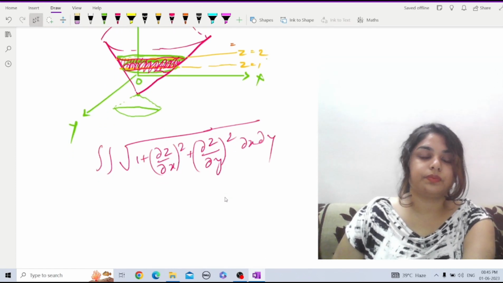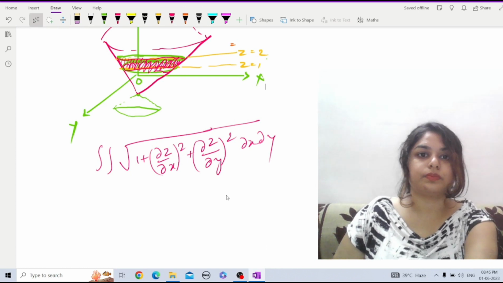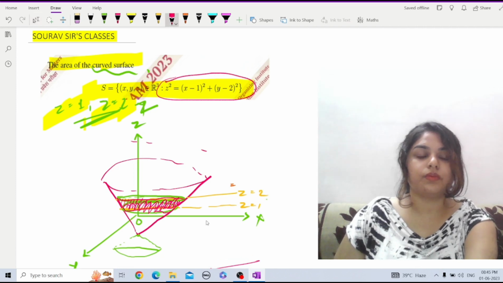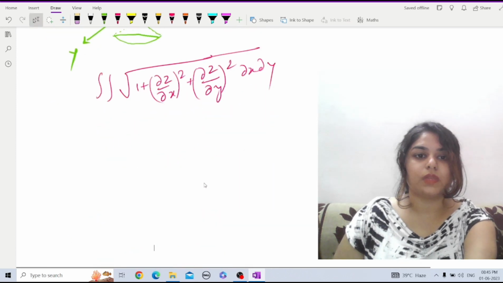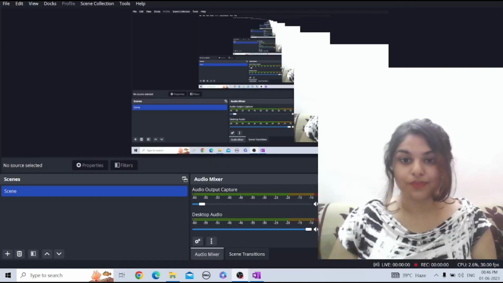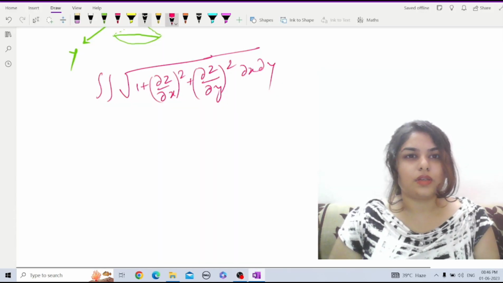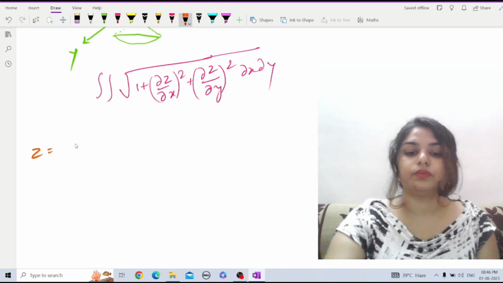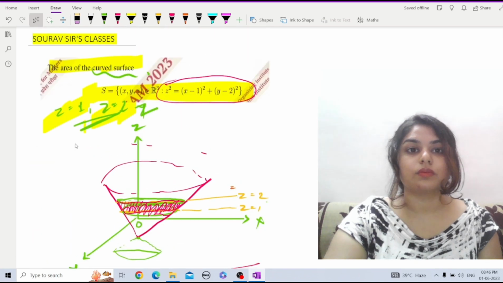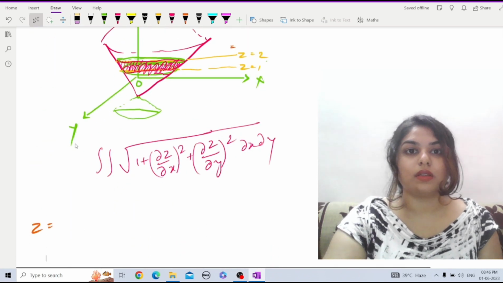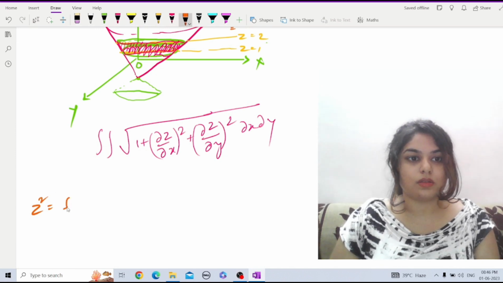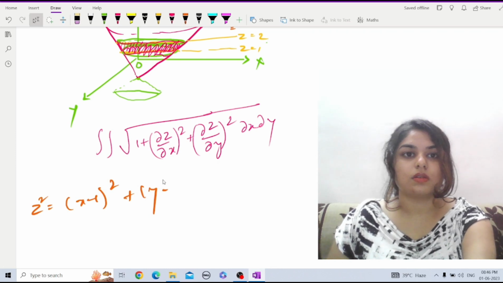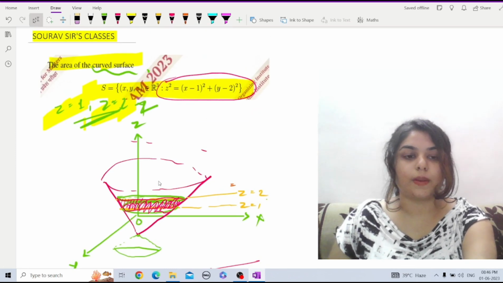So here we are given this, right? Let us first write down the equation. The equation given is z equals root of (x minus 1) whole square plus (y minus 2) whole square.